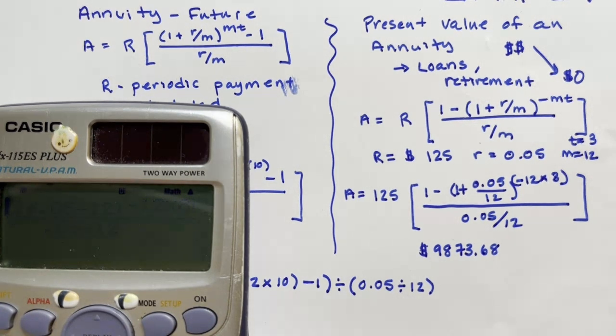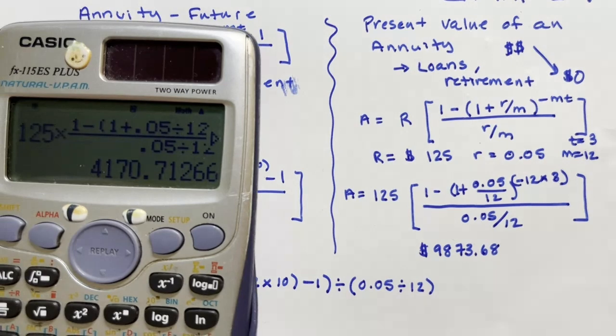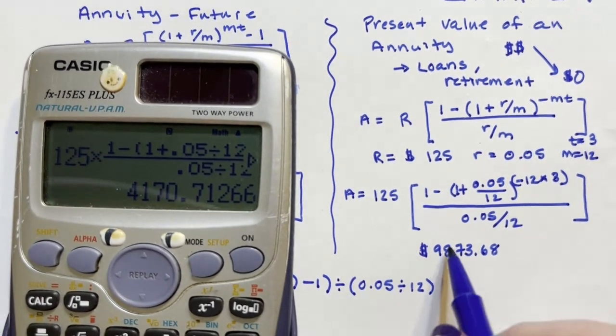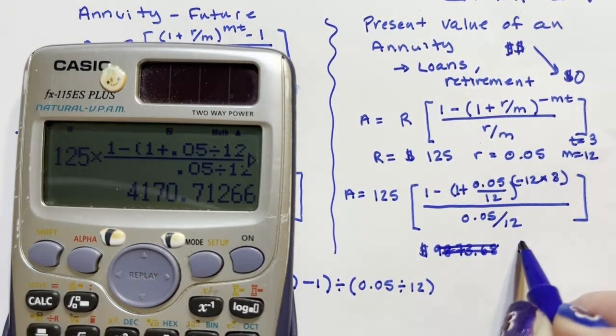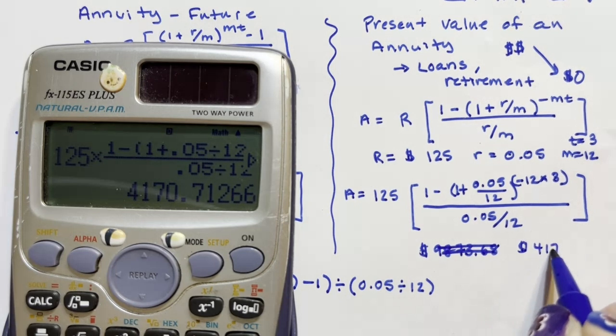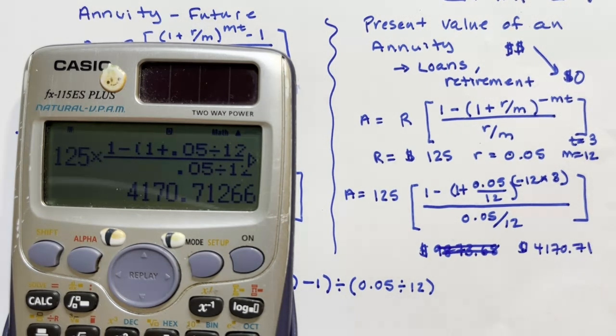Let's try that with a 3. Delete 3. Ha! Okay. That makes way more sense. I was like, that seems really wrong. 4170.71. Okay. There we go.